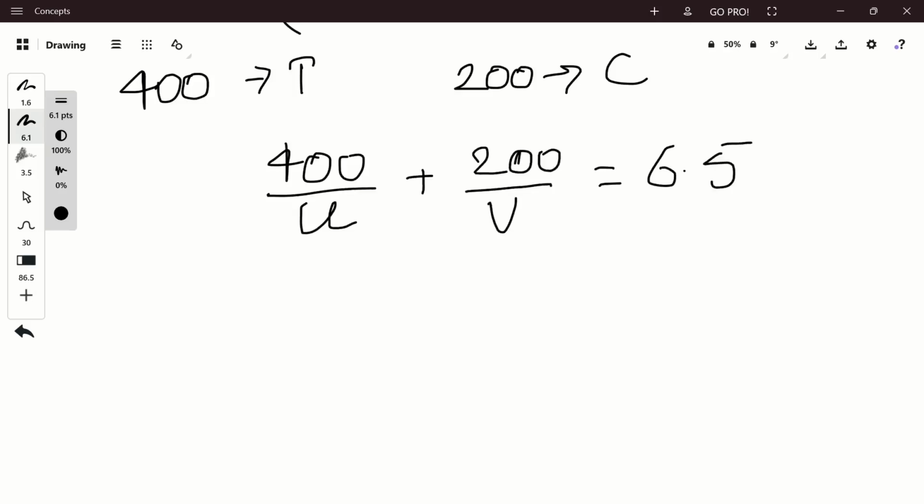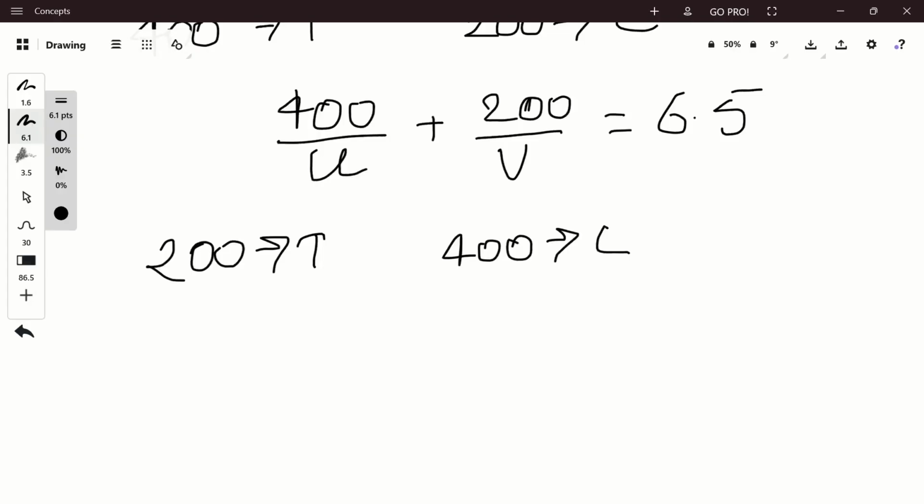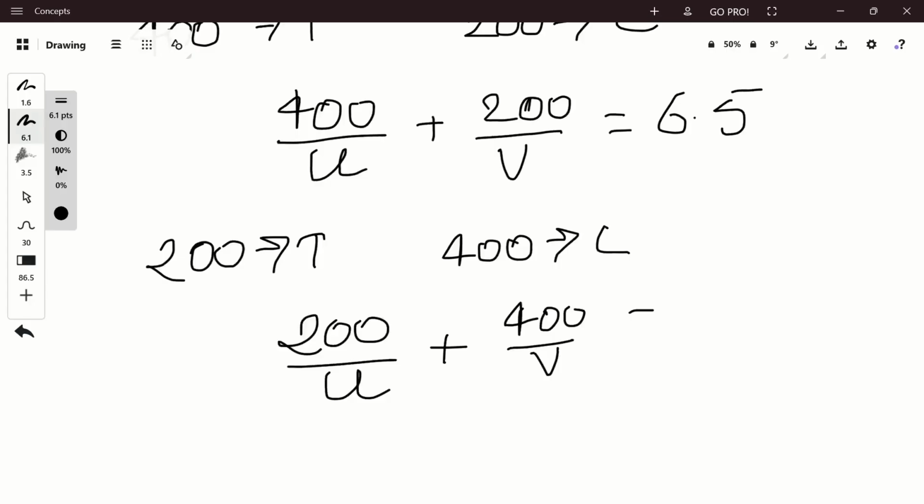For case 2, he travels 200 by train and 400 by car, and the total time is 7 hours. That is 200 upon u plus 400 upon v is equal to 7.